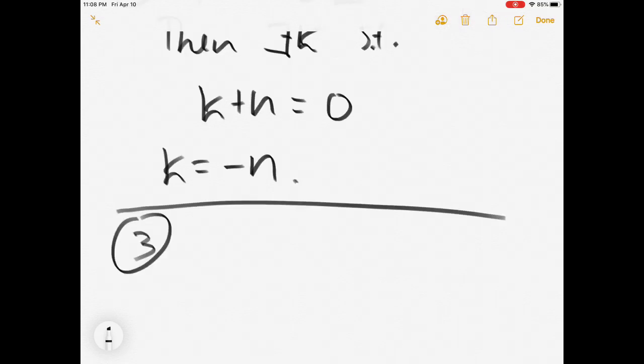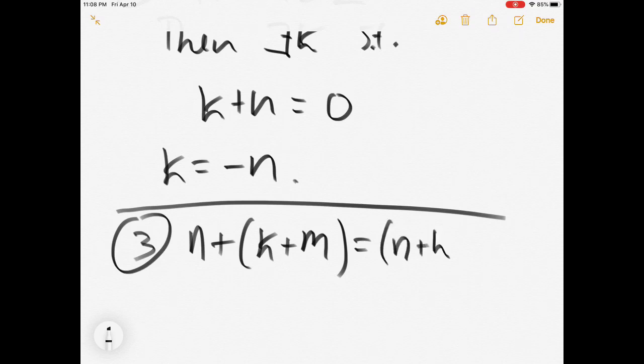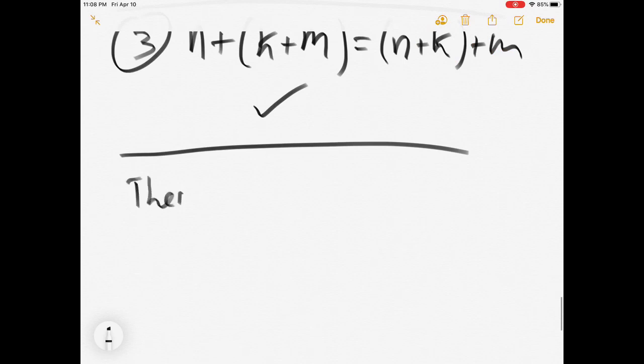For property 3, it's obvious that if I take an integer n and add to it the quantity k plus m, this is the same thing as taking the quantity n plus k and adding m to it. So condition 3 is satisfied. Therefore, Z with addition is a group.